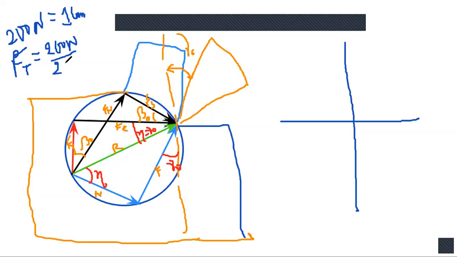Then 200 by 200 equals 1 centimeter. This is the scale factor. Or Pz equals 600 Newton. Our scale is 200 Newton per centimeter, so this is 3 centimeter.